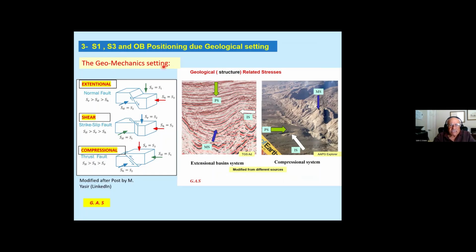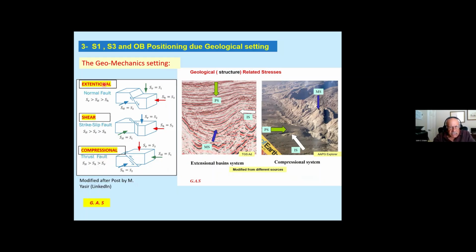The geomechanics setting. This is a copy from M. Yasser, okay, I'll link them, and they call it the normal fault, the strike-slip fault, the thrust fault. I mean, geomechanics has nothing to do with that; the fault is the result of the geomechanics.